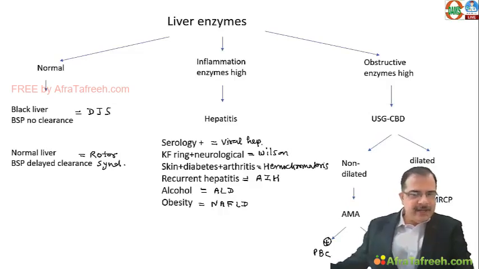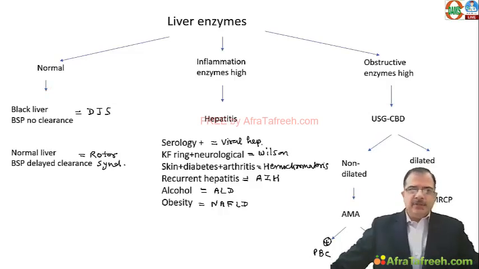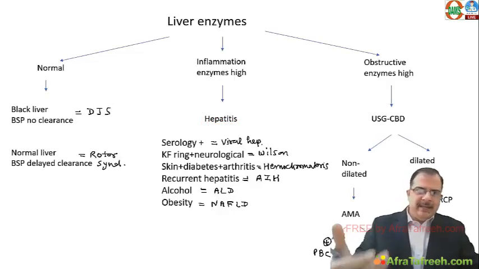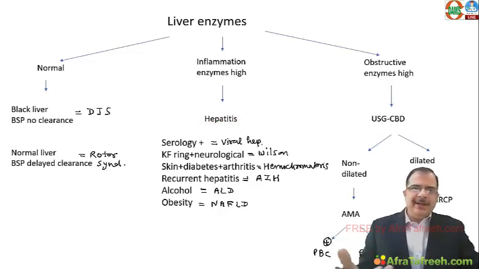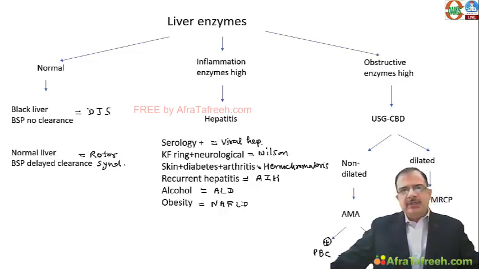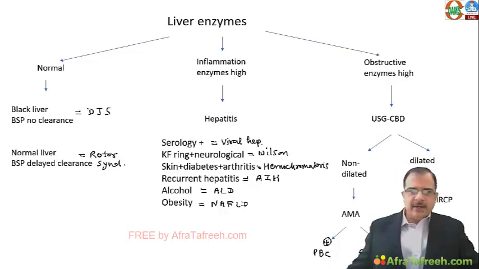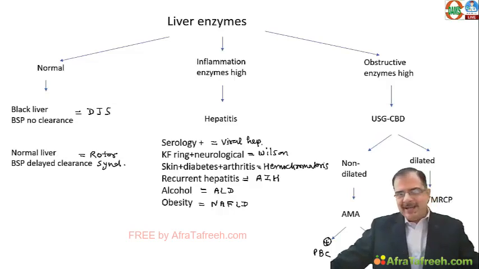If it is negative, then it is primary sclerosing cholangitis. While if the bile duct is dilated, then we will think of carcinoma of the pancreas or some extrahepatic obstruction which has led to the common bile duct being dilated. In that case, we will go for a CT scan or MRCP, which will rule out the surgical causes.